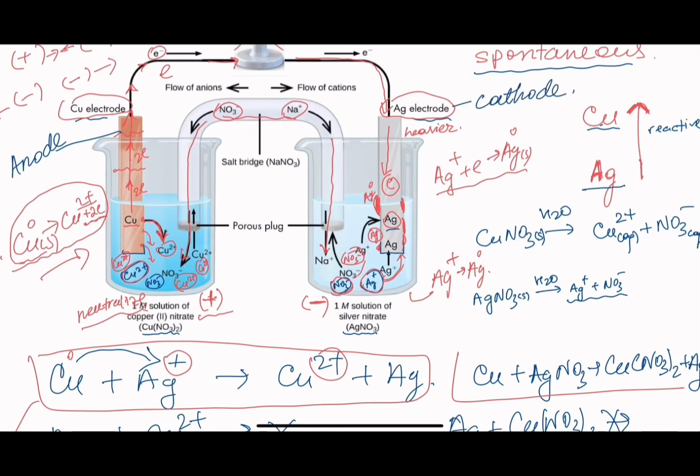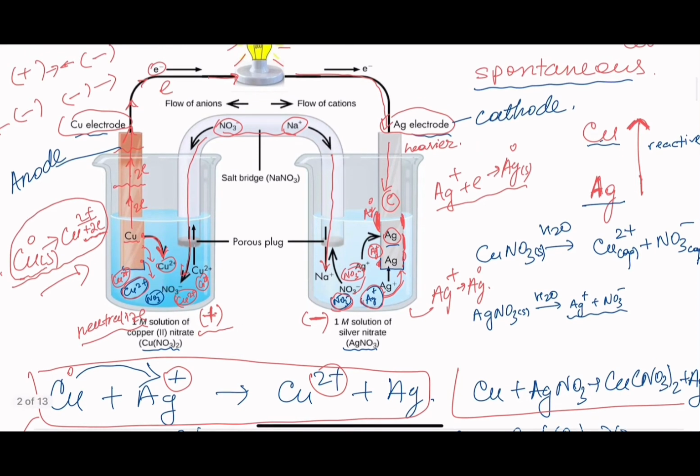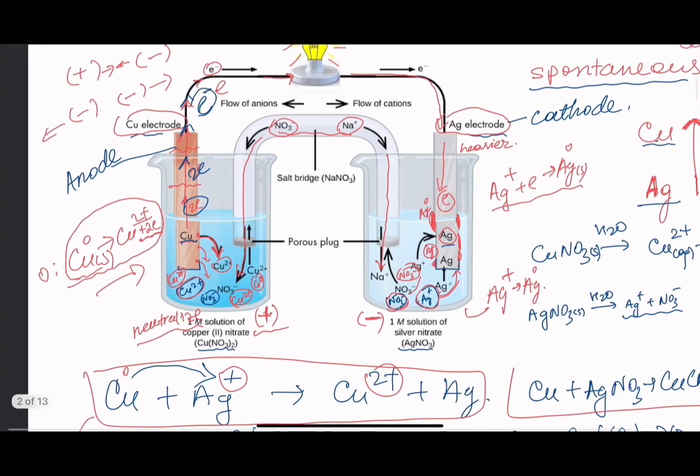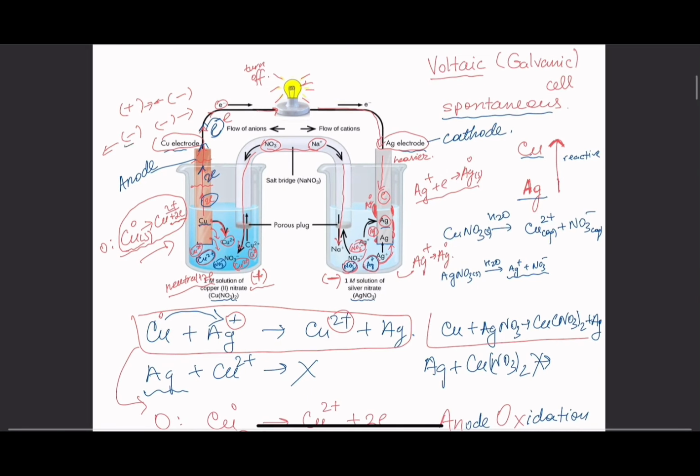And we need to know the charge. Because copper, you see, copper in here oxidized, it lost the electron. This electron went up here, went through here, and the electron left. The electron is negatively charged. We said that if both things are negative, they repel each other, they move away from each other.